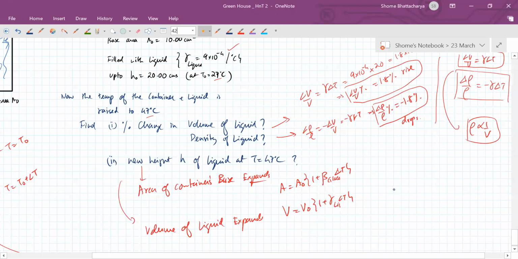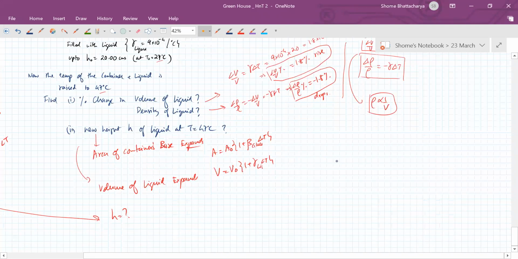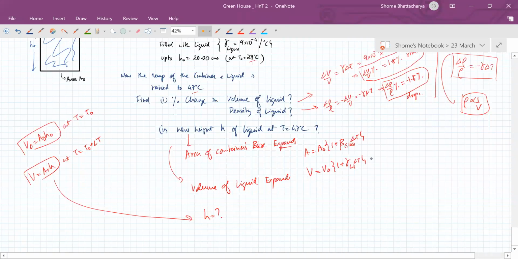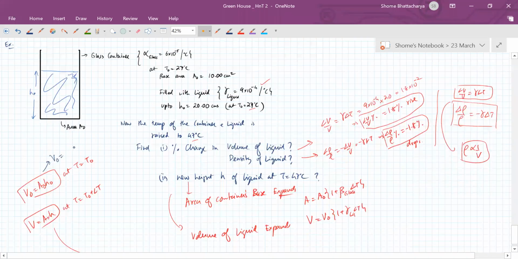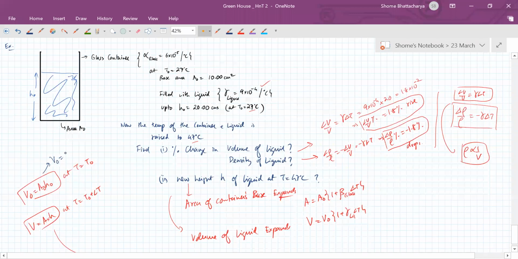Okay, so let's understand this now. From this relation, we can see that originally the volume of liquid that we had was the base area of the container, which was 10 centimeter square, multiplied by 20. So it was 200 cubic centimeters.